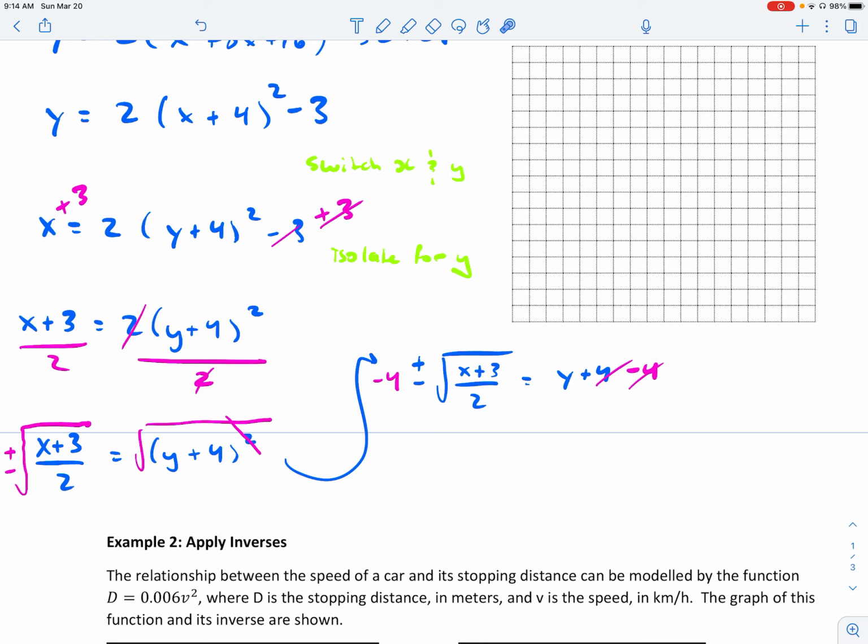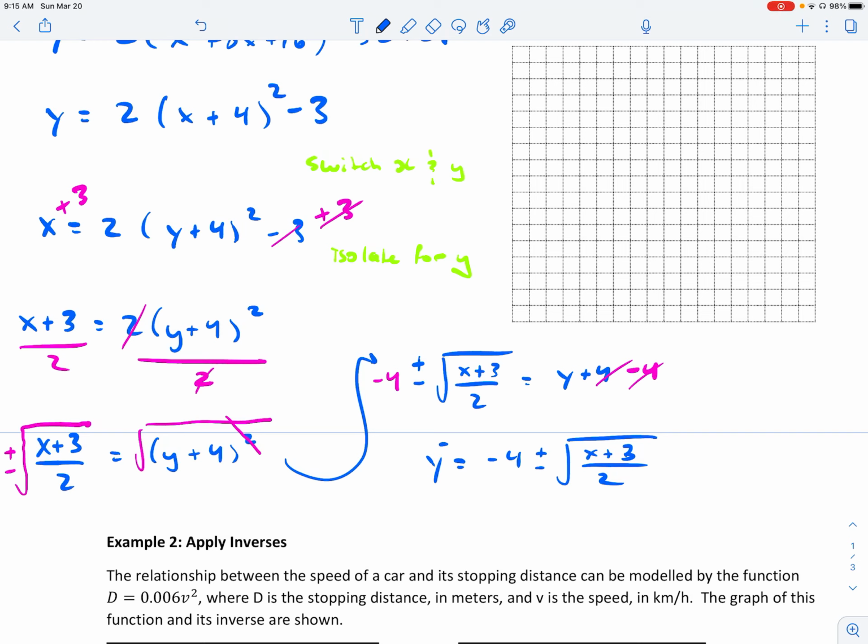I can write it like this because it's basically minus 4 plus or minus that, right? I like to have this in front instead of having it on this side. So let's keep that here. That's my final answer. I'm going to write it like this: y equals negative 4 plus or minus the square root of x plus 3 over 2.